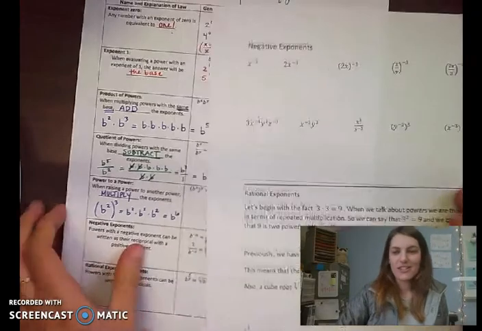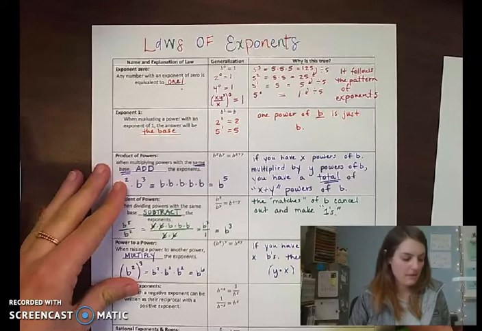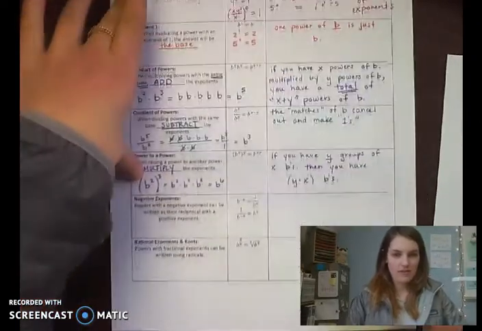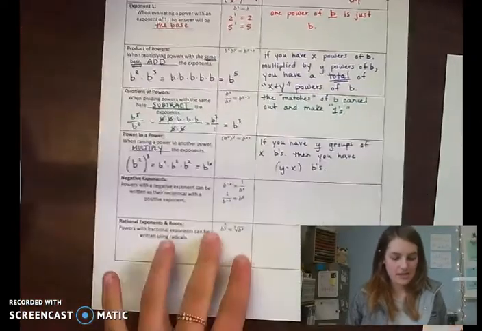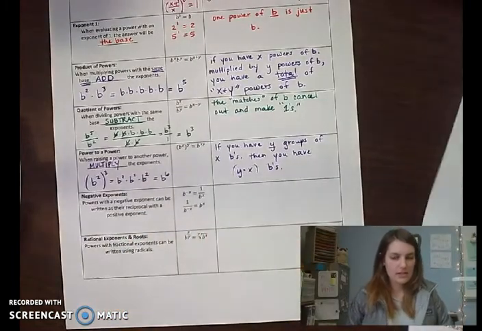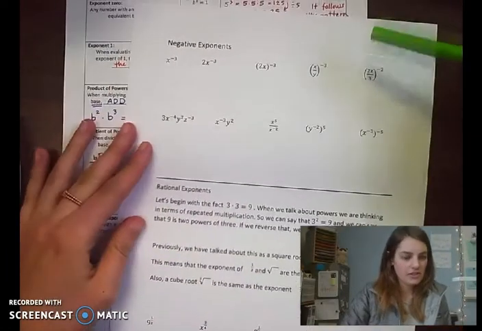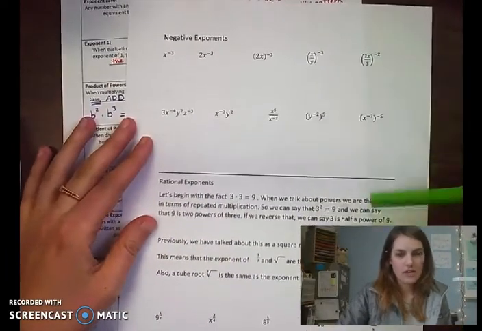So you're going to need two things. You're going to need your Laws of Exponents paper, which should be about halfway filled out. And then the new paper contains exercises for negative exponents and then for rational exponents.